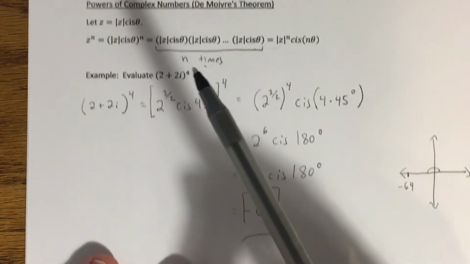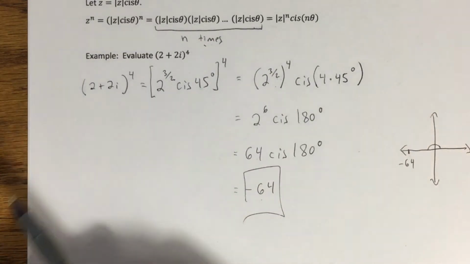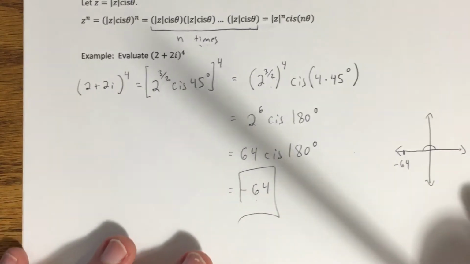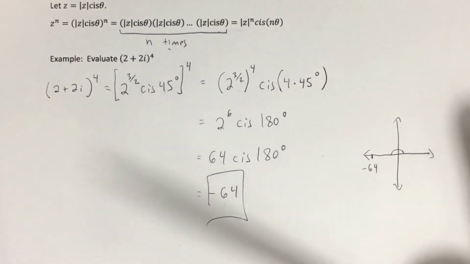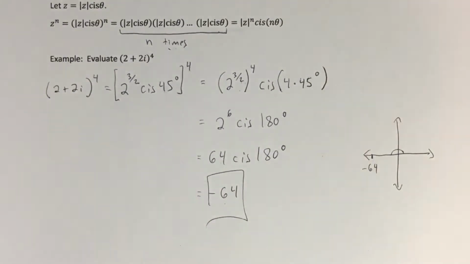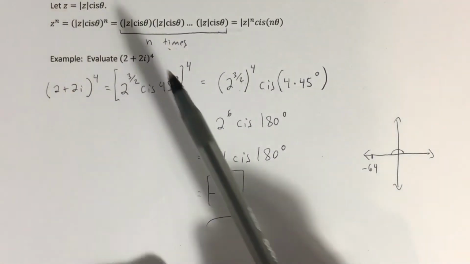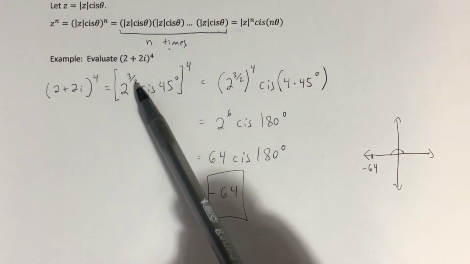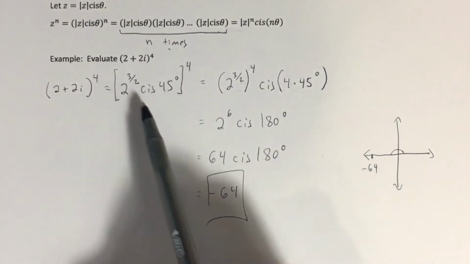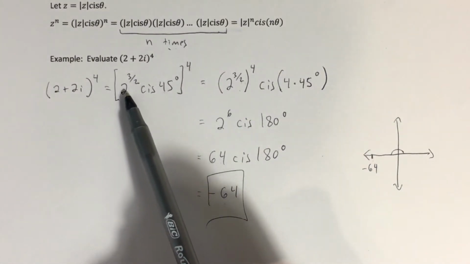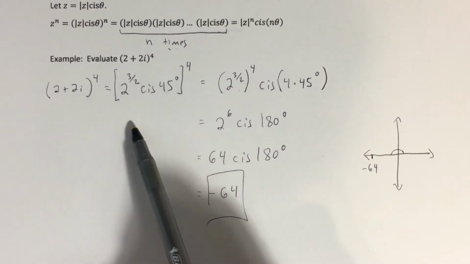You really want to get used to working with rational exponents. If you're not all that comfortable with it right now, you'll get through trigonometry okay, but it's just crucial in calculus. We use rational exponents all the time, so this is a good place to start practicing that. But anyways, the absolute value is 2 to the 3/2 power.